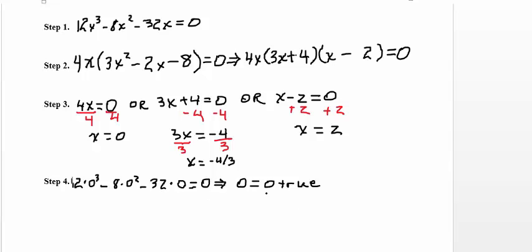Now let's let x equal to negative 4/3. So 12 times the cube of negative 4/3 minus 8 times the square of negative 4/3 minus 32 times negative 4/3 needs to equal 0.